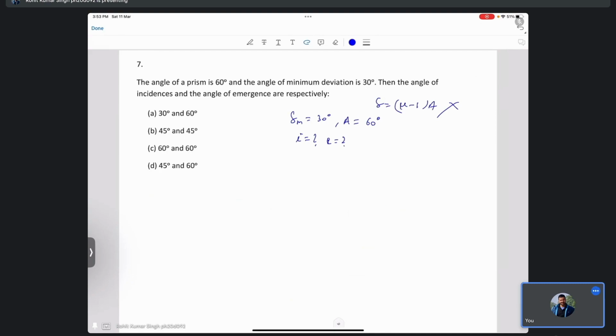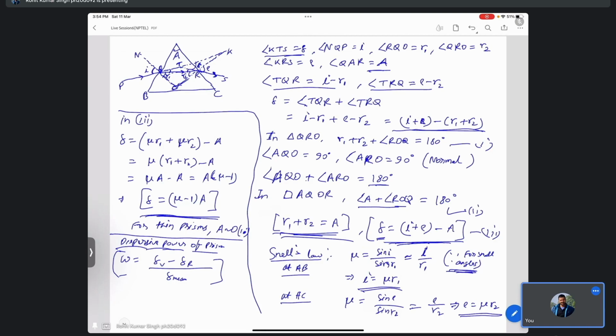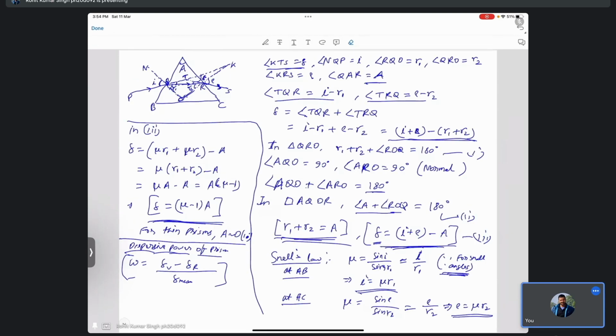No, we cannot use this formula, but we have a different result, that I1 plus I2 minus A. This formula is always valid, right? Because if you see, while I was deriving this, this formula came at here, right?